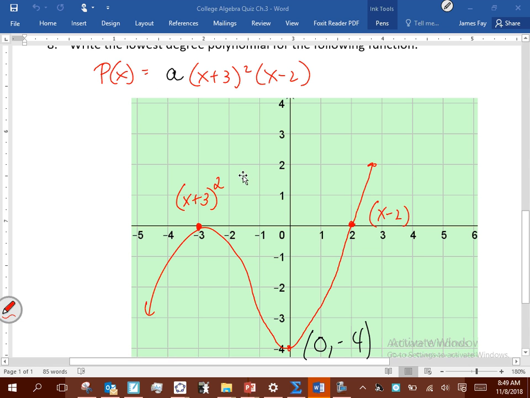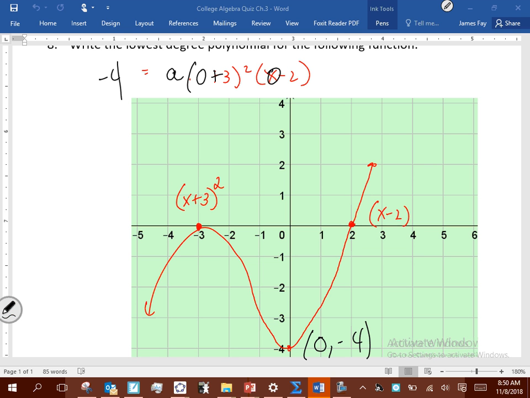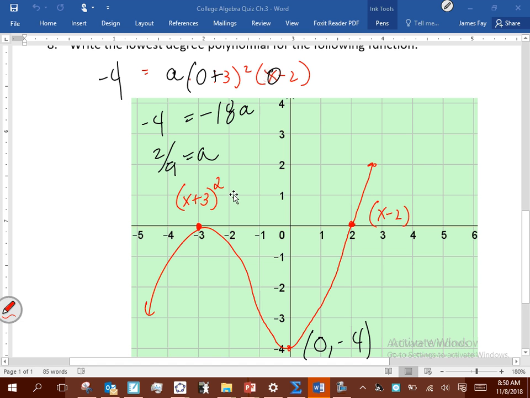If the y value is negative 4 and the x value is 0, 0 plus 3 squared is 9, and 0 minus 2 is negative 2. So it gives me negative 18 times A, which is equal to negative 4. Does A become 2/9? Does that make sense, everybody?